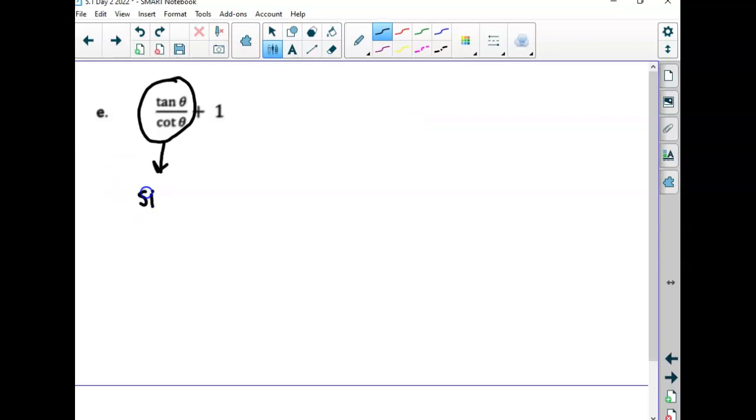Let's go ahead. Let's make it sine over cosine is being divided by what? Cosine over sine. And what do we do? And there's a plus 1 back here. Yeah, we got to flip it over.